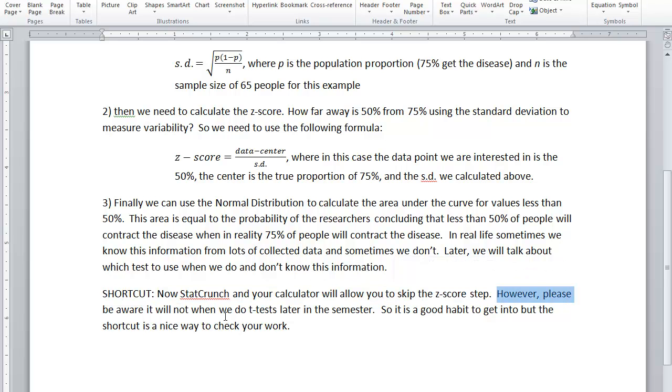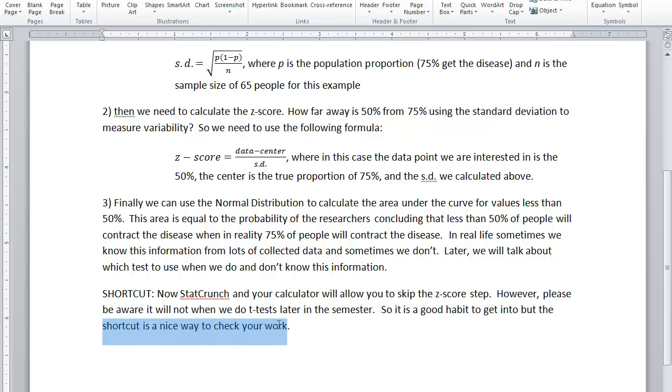However, in my class, please be aware that this shortcut will not work when we do t-tests later on in the semester. We're actually going to have to calculate the t-score and put it into StatCrunch or the calculator. So this is a good habit to get into so you don't forget it or get messed up later on.